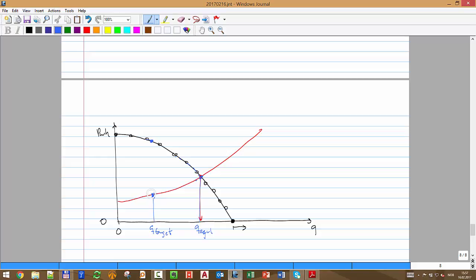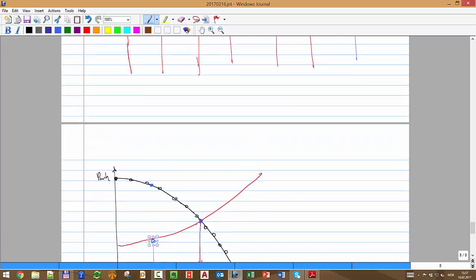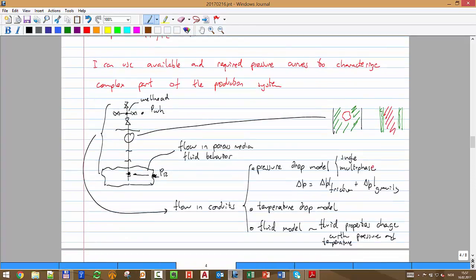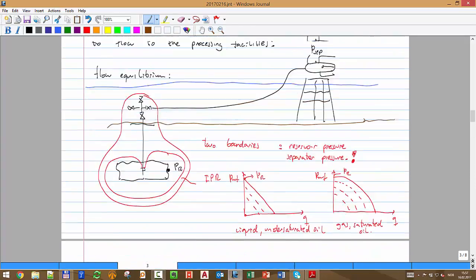Use a choke. You have to put something in between, so that these pressures won't be exactly in the same place. He said very correctly, what you make is a trick, and actually the system is not exactly like that.